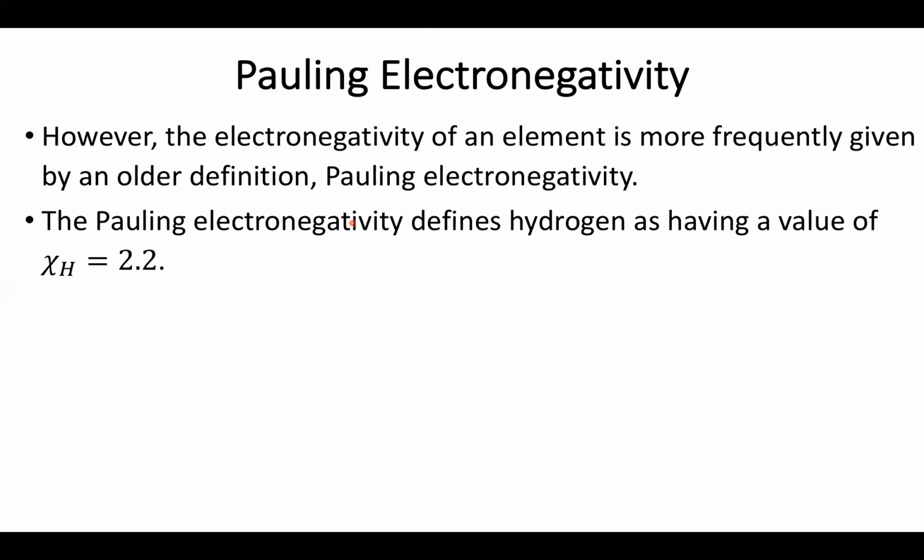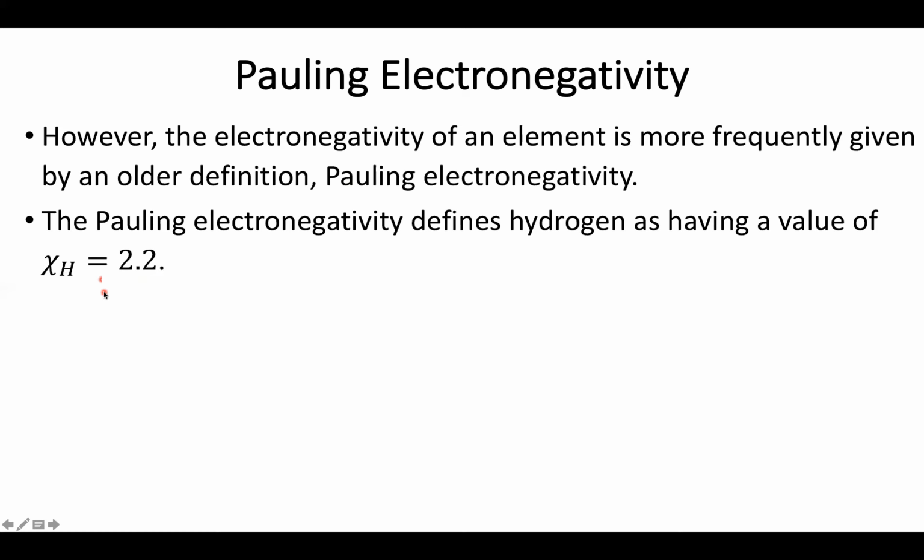So according to the Pauling definition, hydrogen, because it's about the most abundant atom we have, and it turns out that it bonds to everything, is going to be our reference case. So the Pauling electronegativity of hydrogen is 2.2. All other electronegativities are going to be taken with respect to hydrogen.